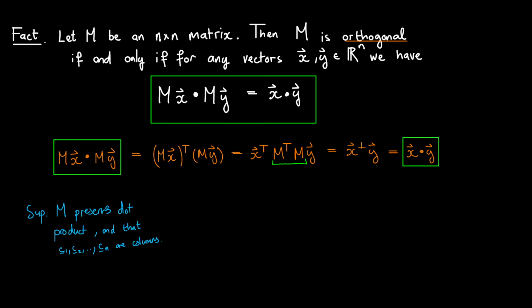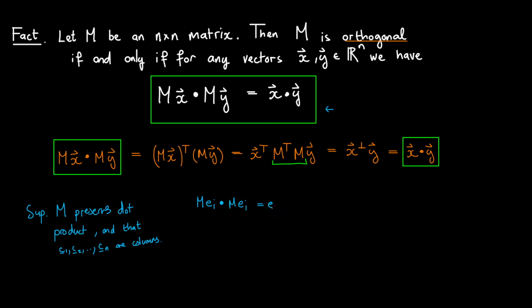Okay, now from this, what can we say? Well, if we take M Ei and dot that with M Ei, I know that this should preserve the dot product. But what does it mean to preserve the dot product? It means just applying this exact formula up here.